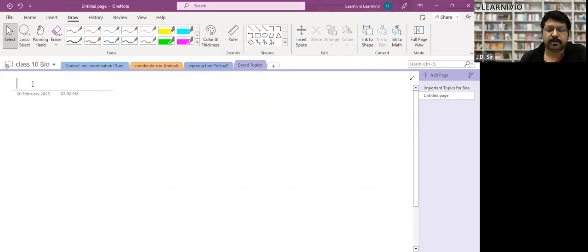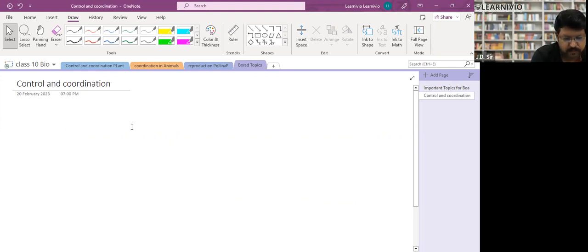Then control and coordination. Come to this chapter. When we talk about control and coordination, this is important.